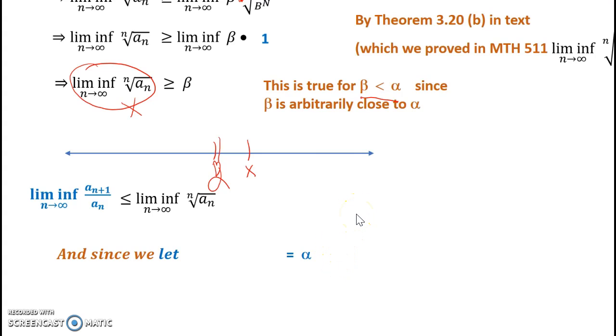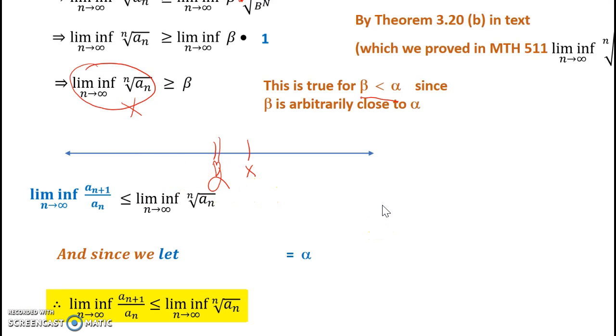And this concludes the proof. At this point, this is what we wanted to prove. Let's just write it as a final statement. Therefore, the limit infimum as n approaches infinity of a sub n plus 1 over a sub n is less than or equal to the limit infimum as n approaches infinity of the nth root of a sub n. This concludes part A, and I will do part B in the next video.